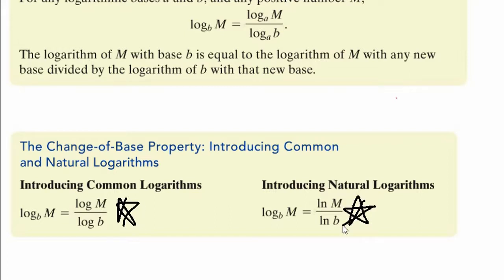So if I have logarithm of base b of m, then I can change it to log base 10 of m over log base 10 of whatever the original base was. So you always end up dividing by logarithm of what the original base was. So same thing with natural log. It's the same concept. It's natural log of the input divided by natural log of what the original base was. So you just always divide out what the original base was.